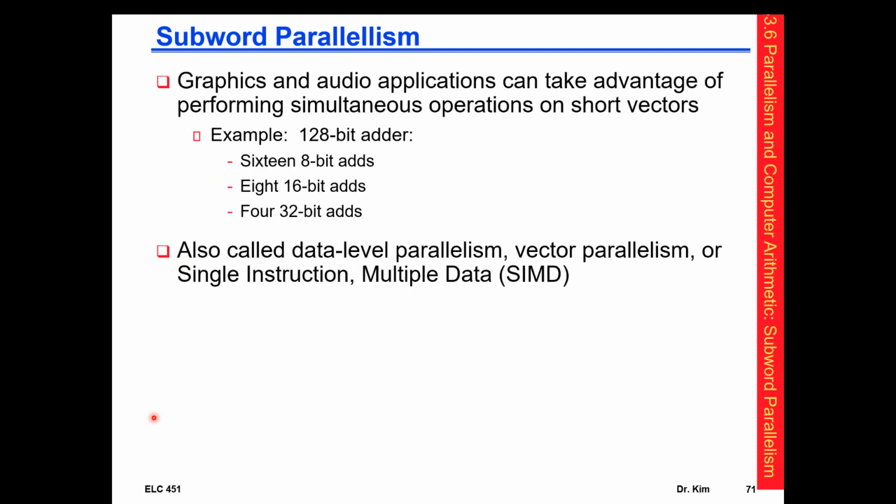Now, I mentioned this last time when we were talking about integer level, because remember that graphics and audio sometimes don't need a lot of precision. Specifically, video and imaging do very well with 8 bits. Audio can do very well with 16 bits and so forth.